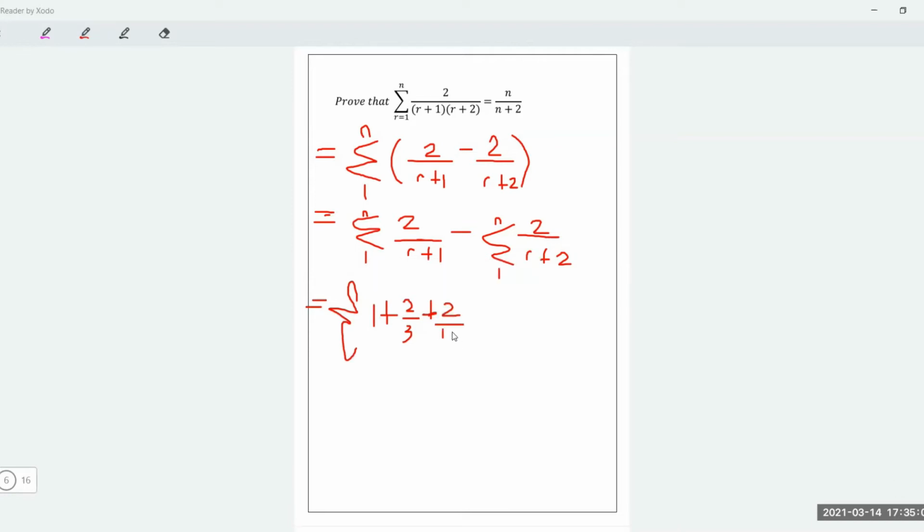And then you can continue all the way down till the nth term, which is going to be 2 over n plus 1.